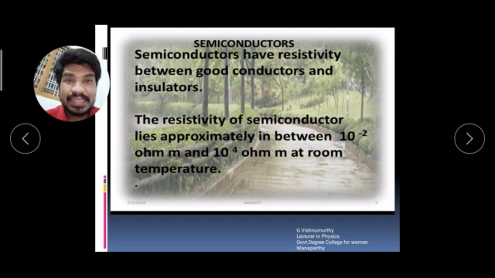Infinity. And in conductors, the resistivity is equal to 0 because the largest number of free electrons are available in conductors. That's why the material does not oppose the current.